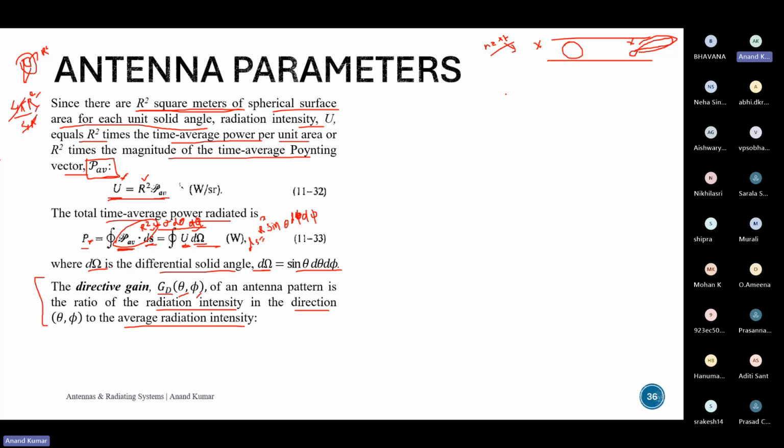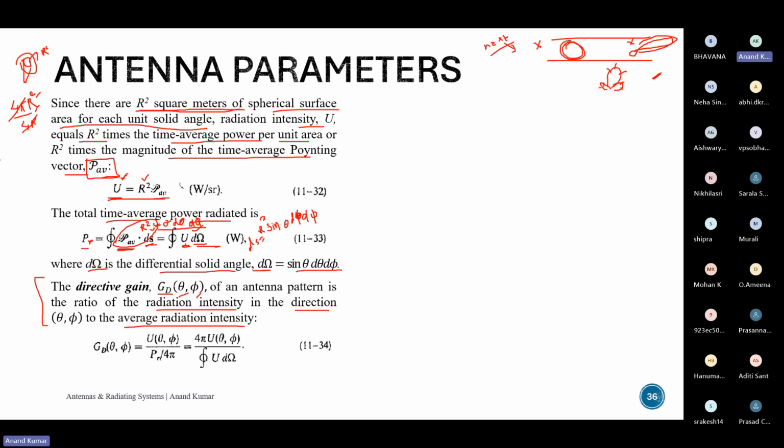So when we were plotting the radiation patterns, it gave the radiation intensity at each point. If we have this total power distributed along all the directions, and we take the ratio, we get the directivity in that direction. Maybe let's do the expressions first, and then we'll try to draw figures and understand.